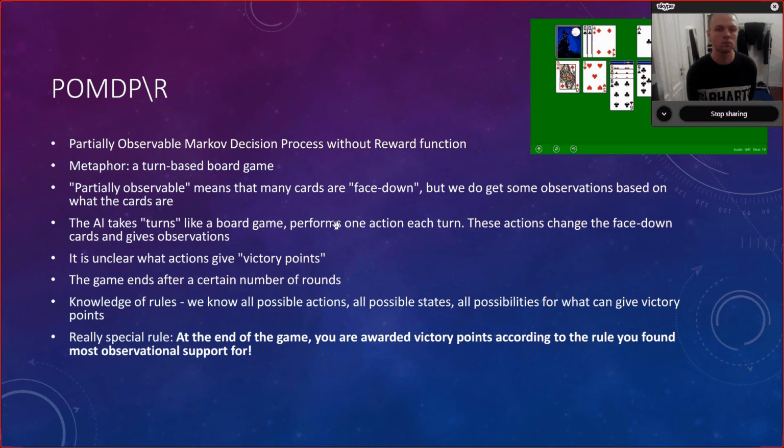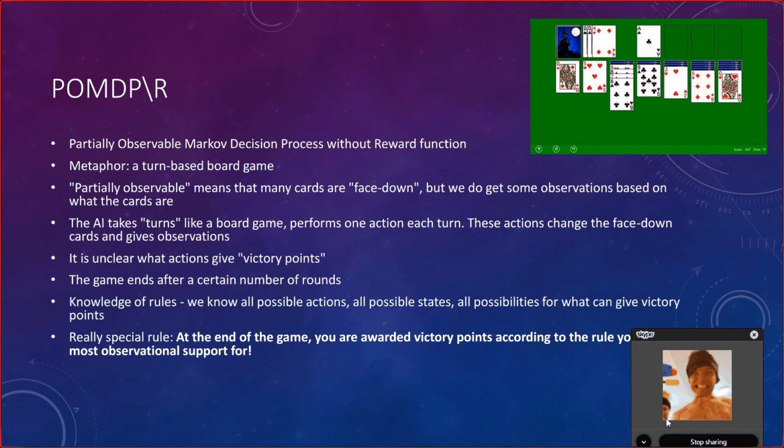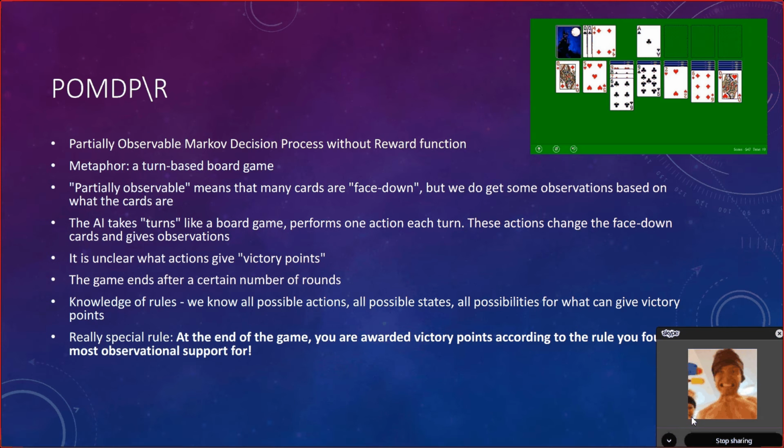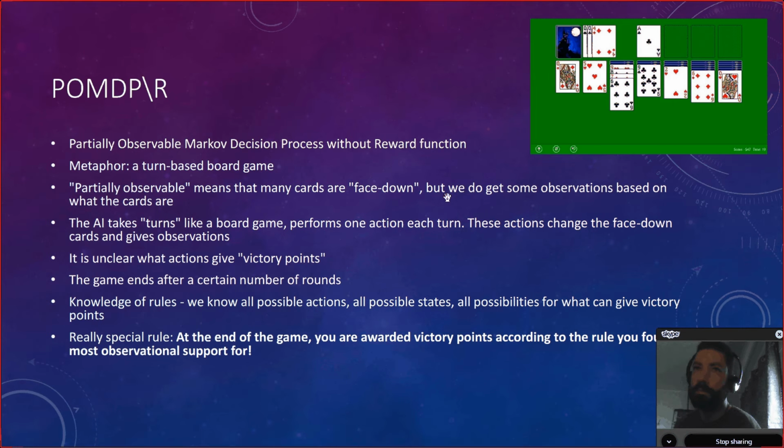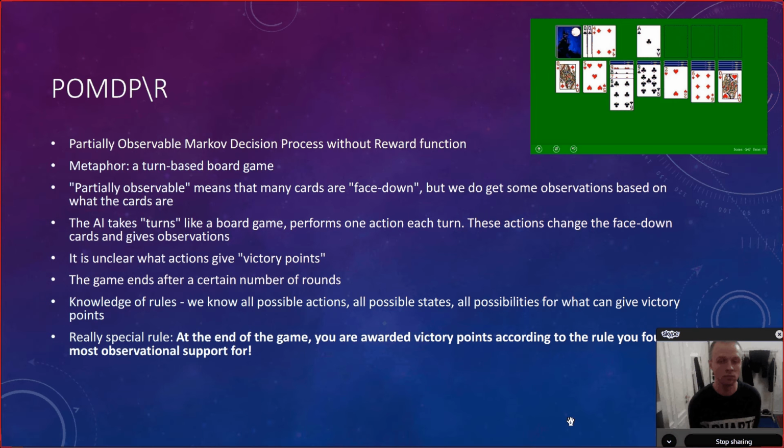So this is formalized as a partially observable Markov decision process without reward function. And the best way I can explain this is by considering a metaphor with a turn-based board game. I suspect all of you have tried simple board games like Settlers of Catan or Solitaire, which combine with the Markov decision process.